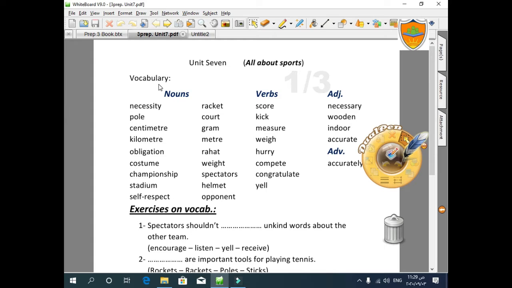So let's go to our vocabulary today, which starts with nouns. First word is necessity.